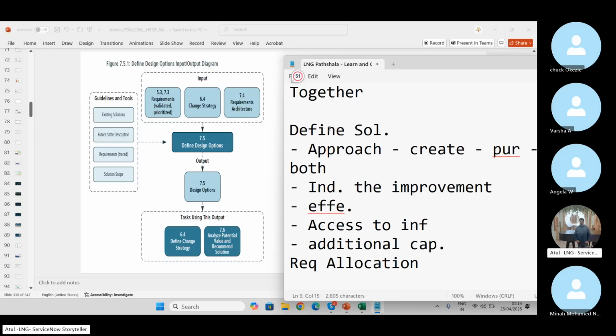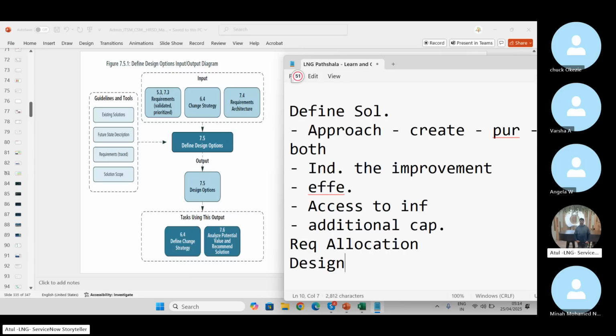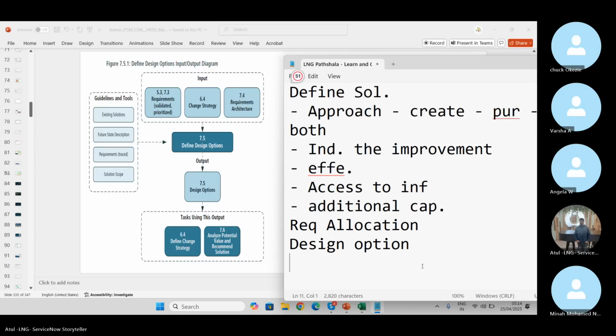Okay, once you get this particular part, then we have the design. We have to describe the design options. It means when we are describing the design options, we need to consider a few things.